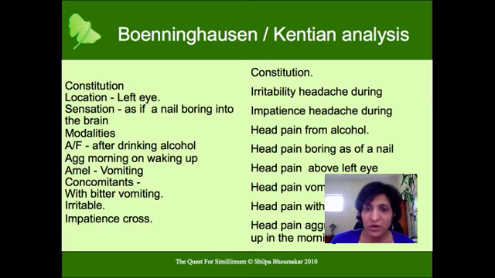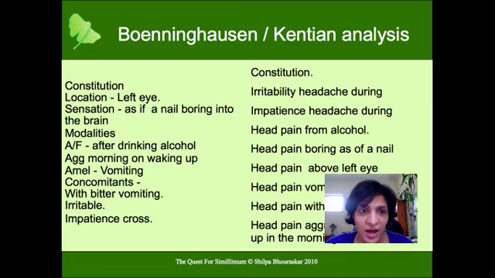So for me, this causative modality, headache from alcohol, was quite important, and I graded it higher. Then comes this prominent sensation of boring as of a nail. And then the location, which is interesting because every time the headache always starts on the left eye. And then I've used a few other modalities such as better by vomiting. I've used bitter vomiting, which is a good concomitant for me, and also aggravated waking up in the morning.